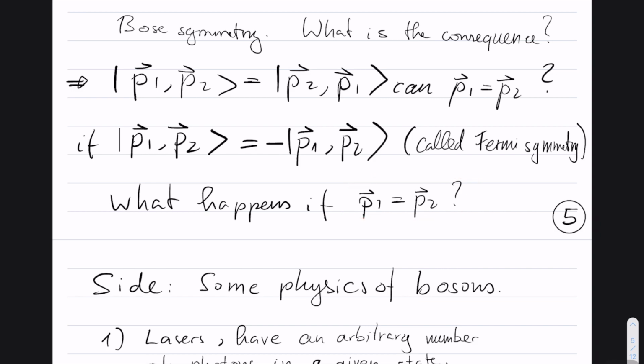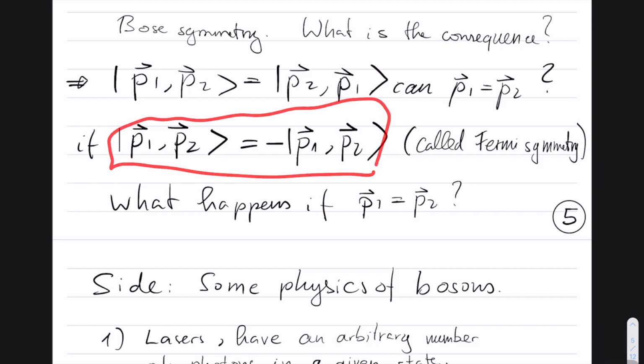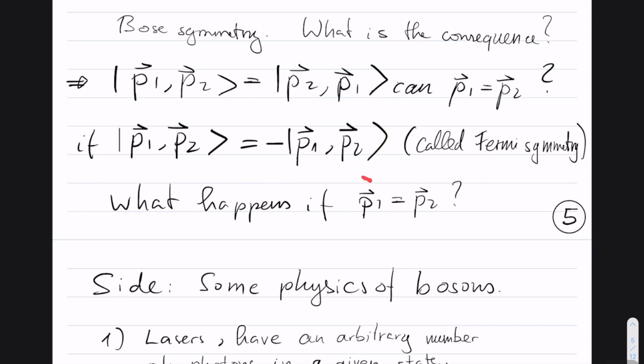P1 and P2 is equal to minus P2 and P1. If they are equal, we have a state with two particles that supposedly live in the same state, P and P, equal to minus P and P. So a number that is equal to its negative is uniquely defined to be zero. So this state vanishes and doesn't exist.